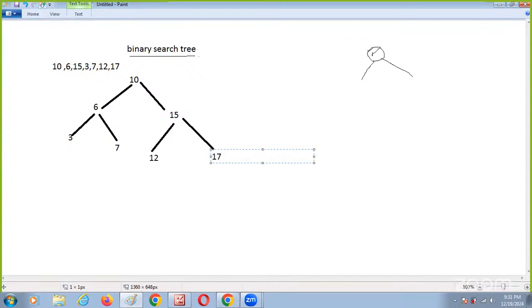Previously we have studied linear search. Now in this binary search tree, I want to search for a particular element. So tell me, what is the best case time complexity and what is the worst case time complexity?